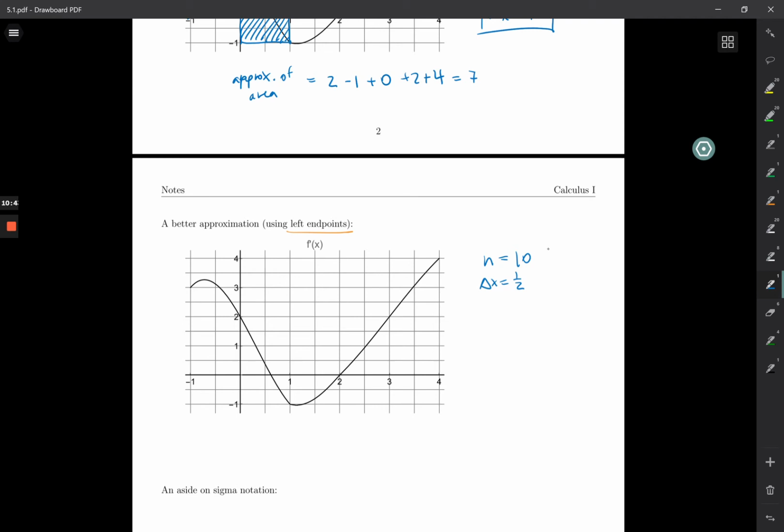So using left endpoints, I'm just going to draw the rectangles in here, like so. And here.